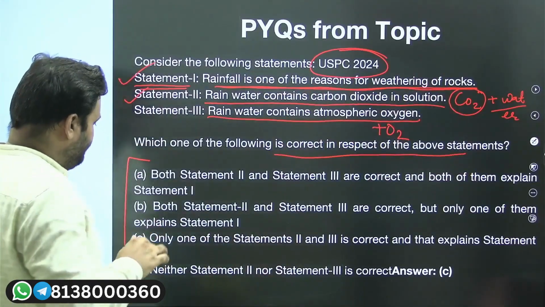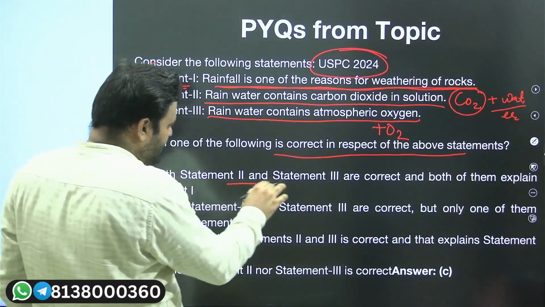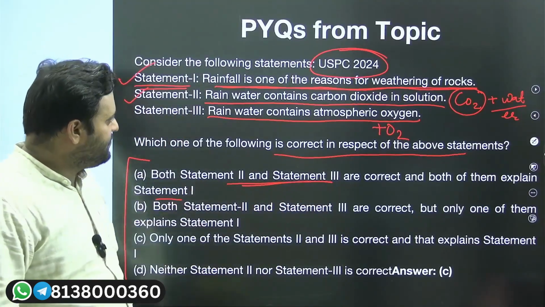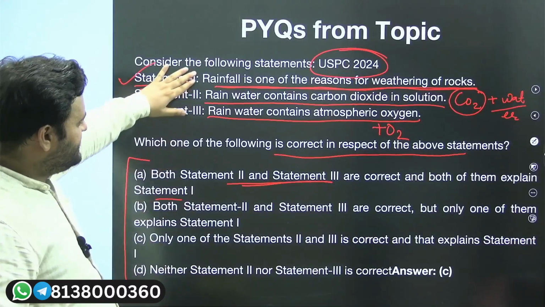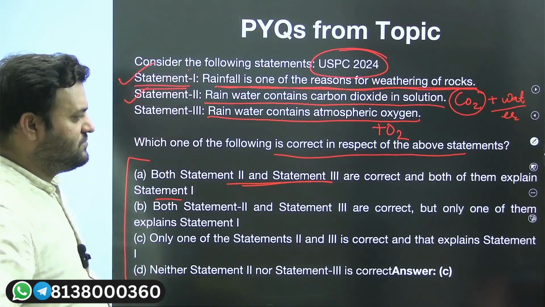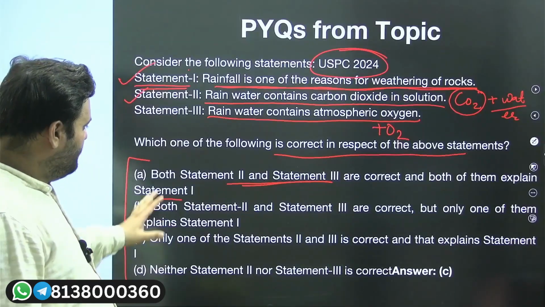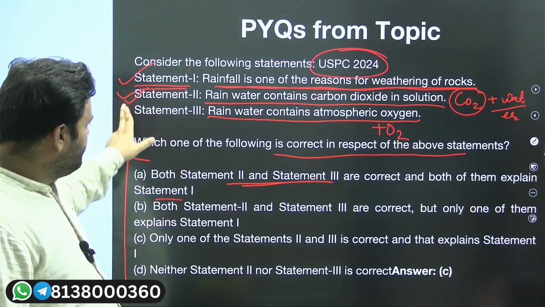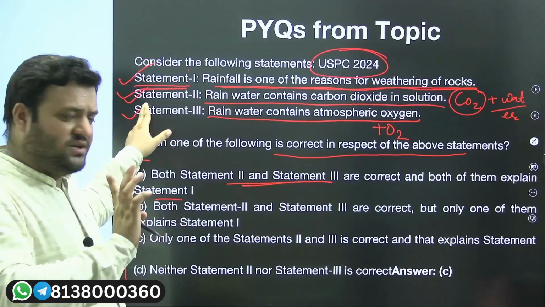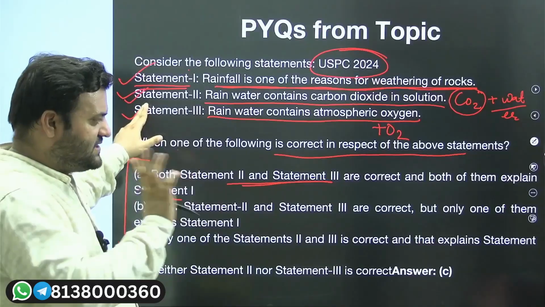All right, let's see. Both statement 2 and statement 3 are correct, and both of them explain statement 1. So weathering is there. Here we also have chemical weathering. So statement 2 is correct, statement 3 is correct. Now, is option A correct?